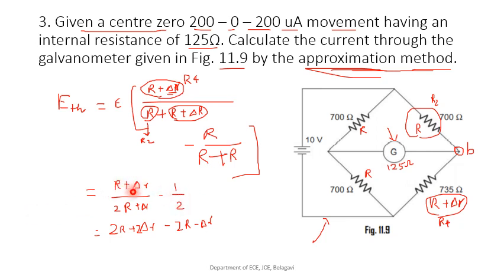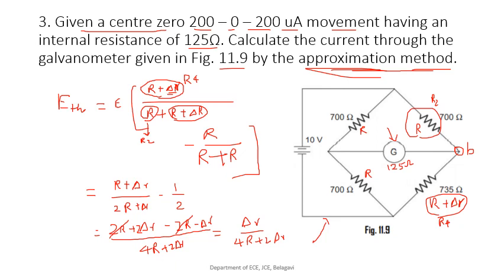So it will become 2R plus 2 delta R, minus, you have to take this side, 2R and delta R will become negative here, and this will be divided by 4R plus 2 delta R. So here the 2R in the numerator will cancel. 2 delta R minus delta R is delta R. So here you will get delta R divided by 4R plus 2 delta R.